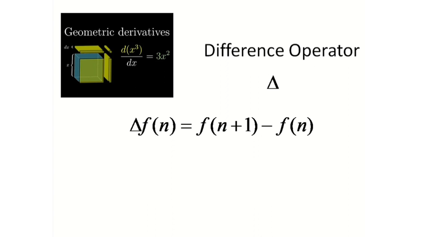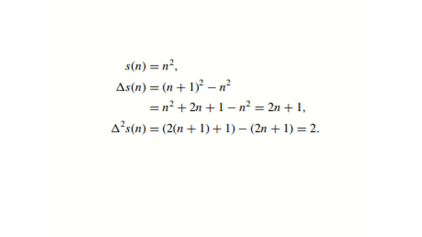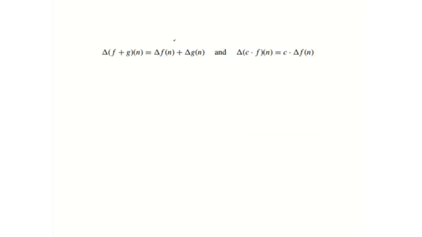We can also define delta squared or the double differentiation operator, which takes the difference of the difference. For example, if s of n is equal to n squared, then delta of s of n will be 2n plus 1, and the double difference operator on this will be equal to 2.